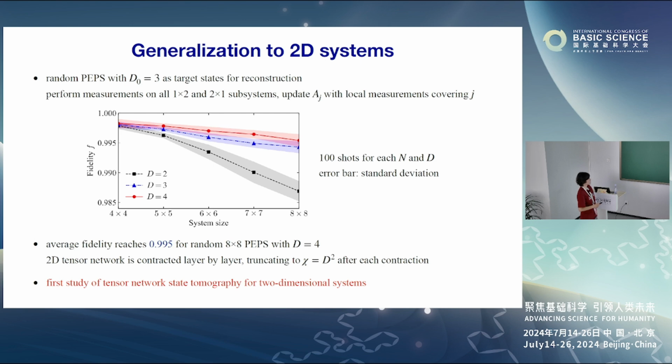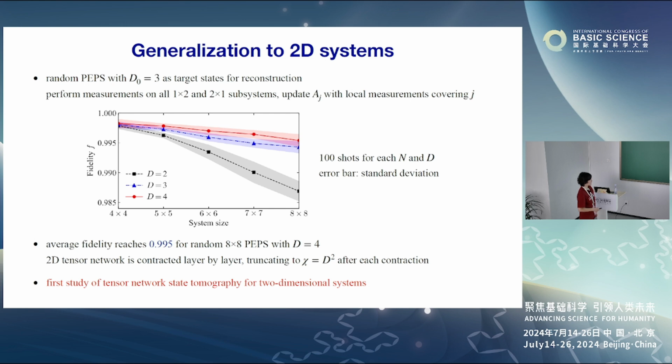We can also generalize this idea to 2D systems, where we can choose a random test with the boundary free for reconstruction. We also perform some local measurements on a 1x2 cell and also a 2x1 subsystem, and we can update also local measurements covering this size. Here we show the fidelity as a function of the system size and bond dimension.